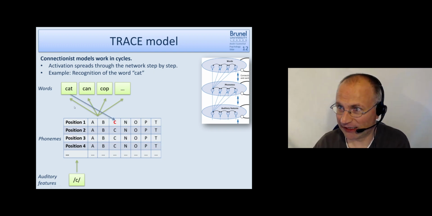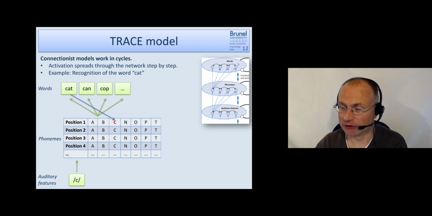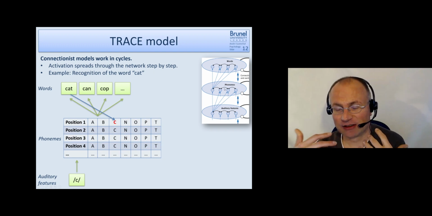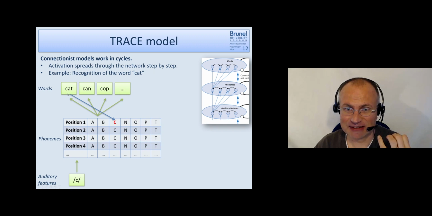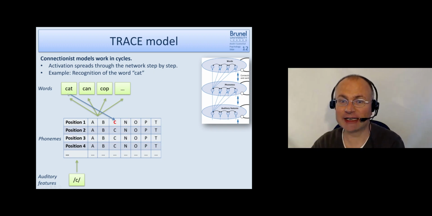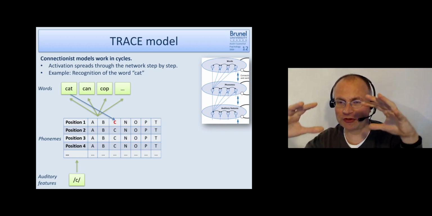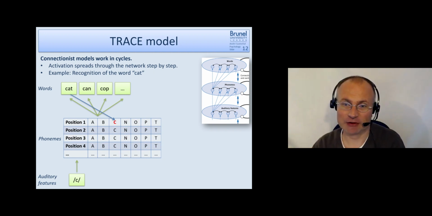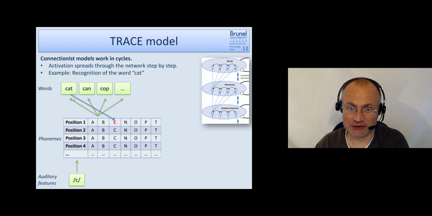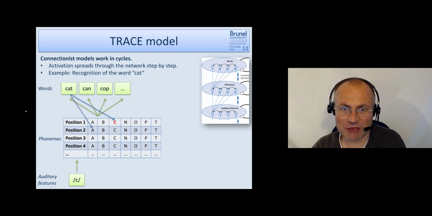Now, we said we have top-down influences back, so the word layer now activates the related phonemes. So when cat is activated, the activation is spreading again back to the phonemes. Of course, these effects become weaker, so what is fed back is weaker than what is forwarded.